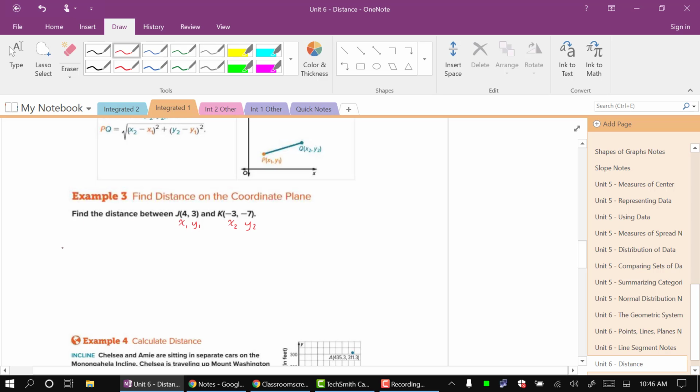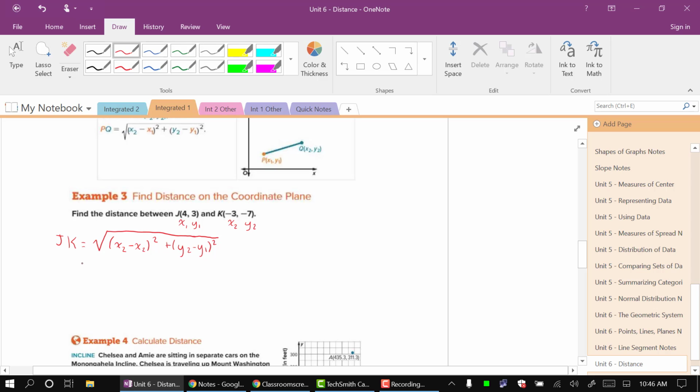So the distance formula, JK equals the square root of x2 minus x1 squared plus y2 minus y1 squared.